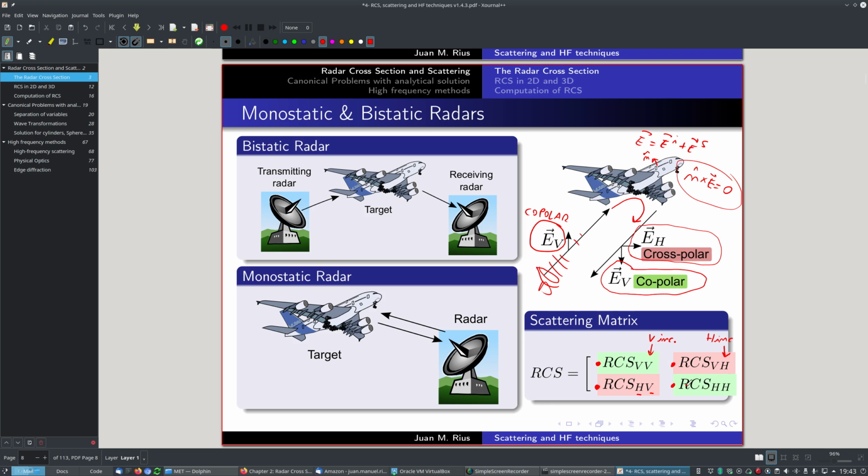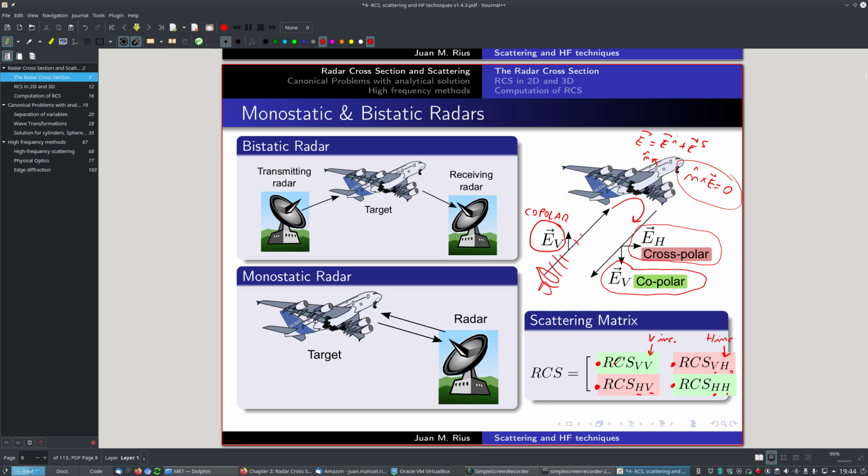So in this case we have two other terms of the scattering matrix, because this aggregation of the four possible combinations is called the scattering matrix, and it has the horizontal incidence and observation in horizontal or vertical polarizations. So the scattering matrix has four terms.